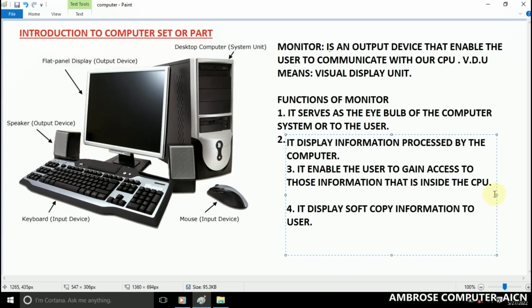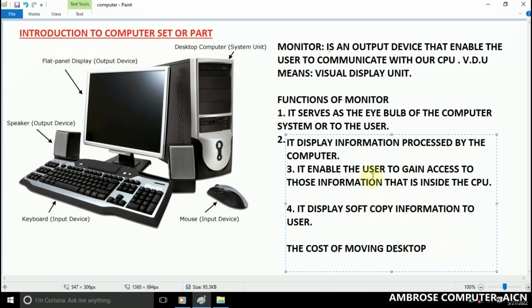The difference is that the cost of moving this desktop cannot be compared to that of a laptop. It's movable, but the cost of moving it cannot be compared to a laptop.